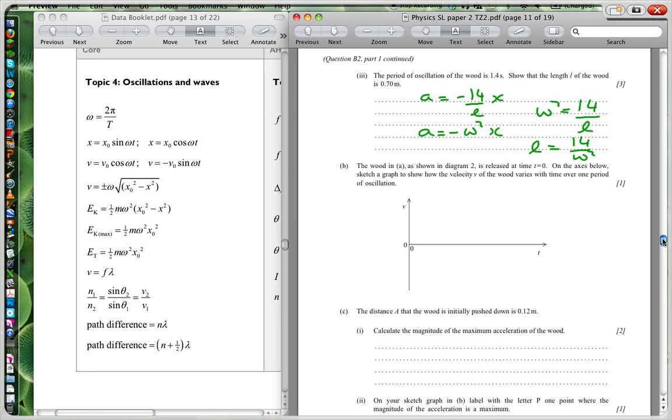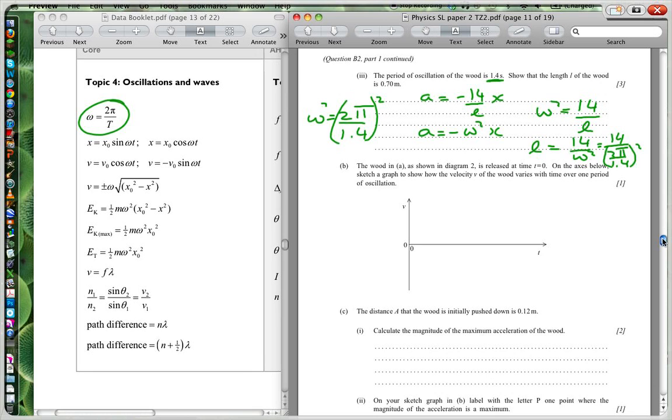Now from this formula over here, we see that omega is equal to 2 pi over T. We are told what our period is, it's 1.4 seconds, so we can work out our omega. Omega is equal to 2 pi over 1.4, and therefore omega squared is equal to that, all squared. So L is going to equal 14 divided by (2 pi over 1.4) all squared.